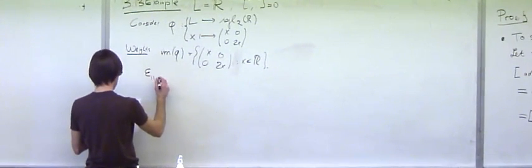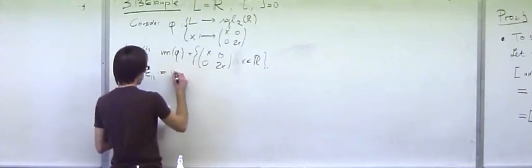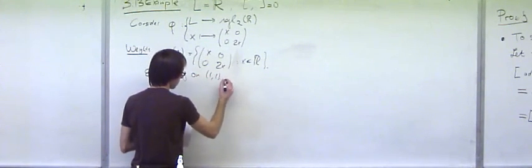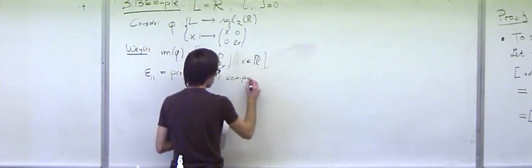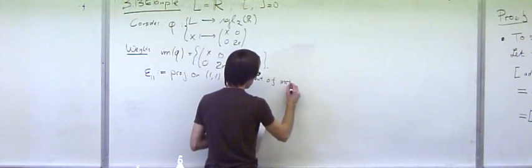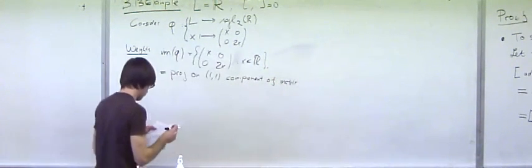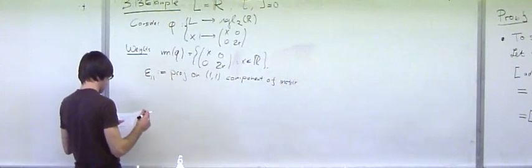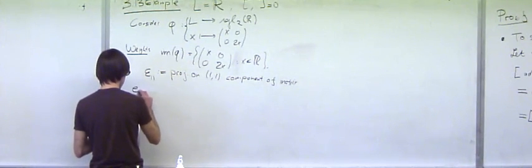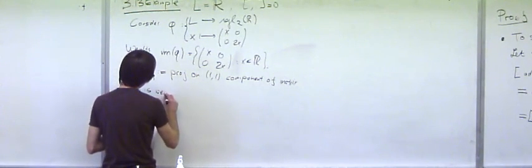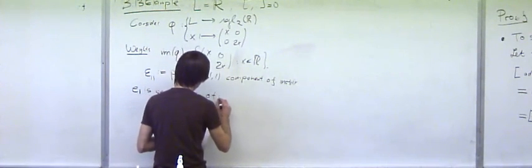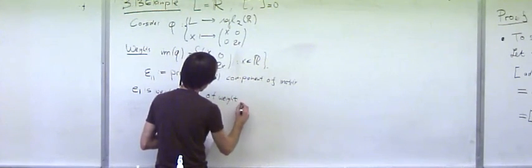I think epsilon 1 should be the projection on the 1,1 component of a matrix. So I claim, I hope now I got it right, that e1 is a weight vector of weight epsilon 1.